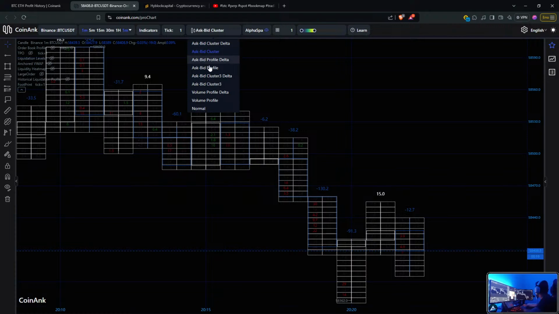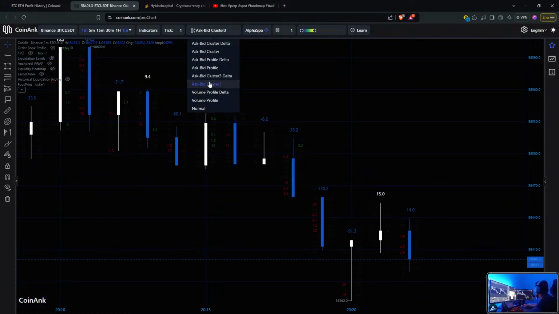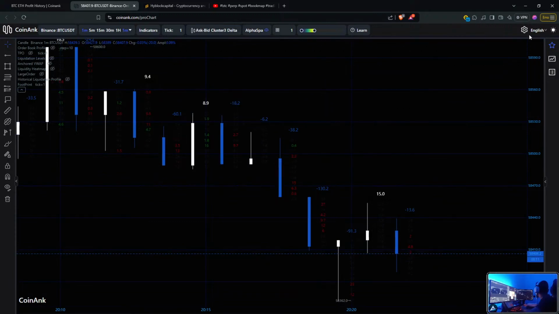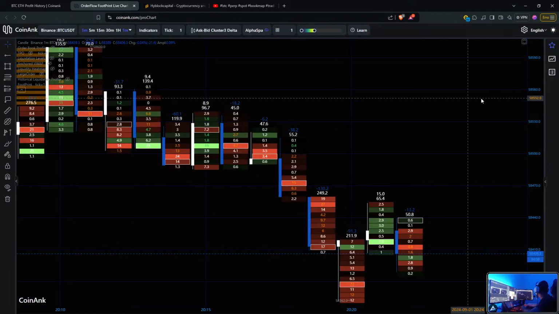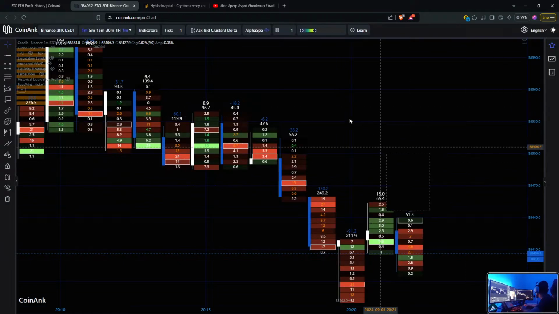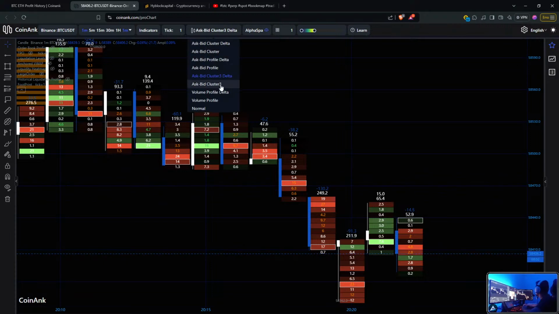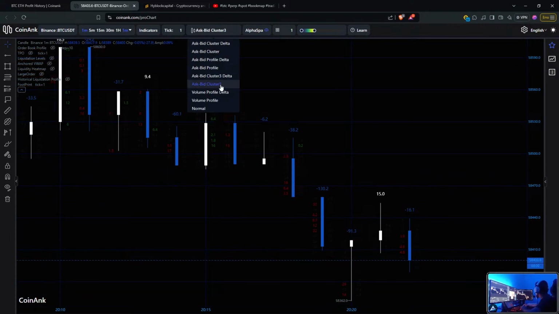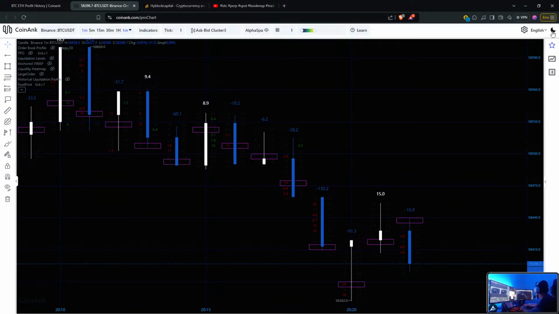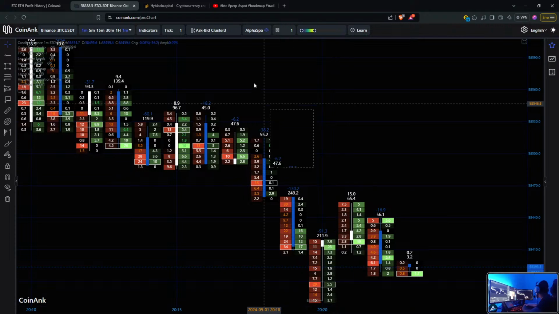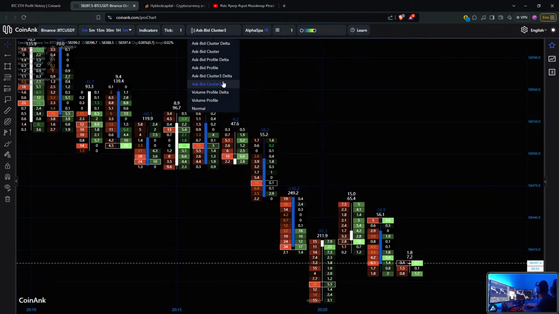So I would advise you, if you want to use this, oh wait, now it's bugging me. Let me see if I can go back. Okay, if you are starting out and if you want to use this kind of stuff, use this, which is ask bid cluster 3.